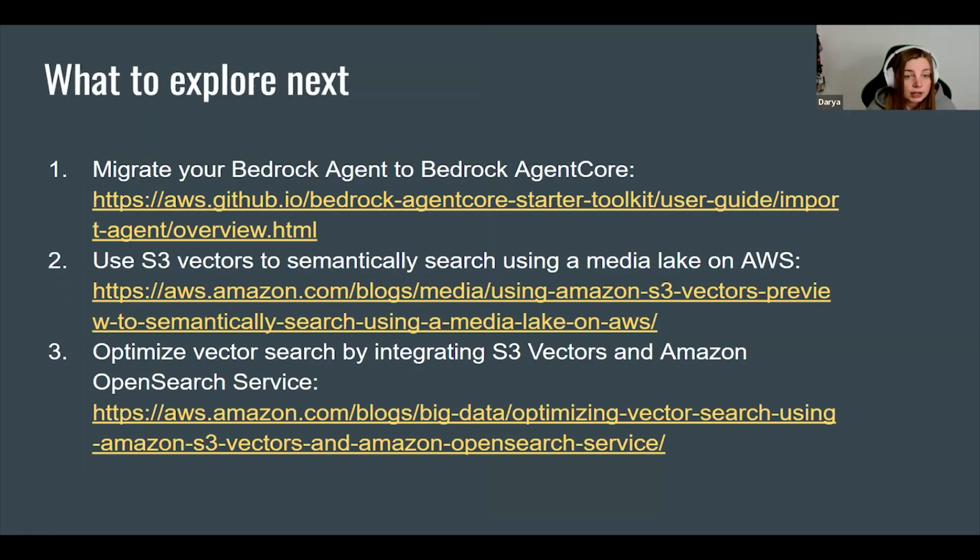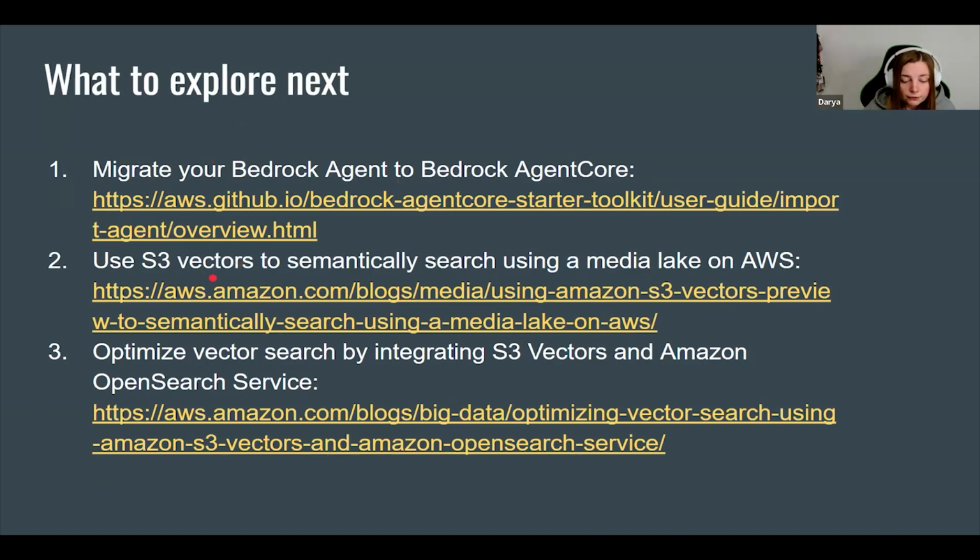If you are curious and want to explore something next, if your Bedrock agent is already ready and you are happy with it, you can migrate it to Bedrock AgentCore. If you want to go beyond an AWS config-only setup and turn your agent into real code to get more flexibility, add enterprise features like memory, and make it production ready.